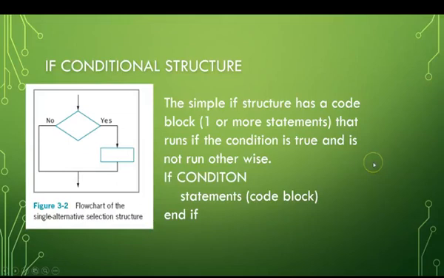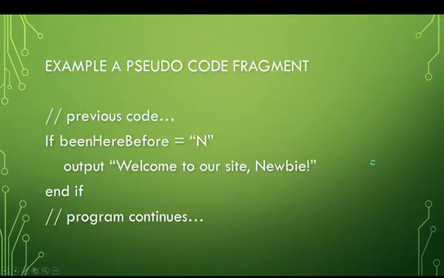Let's look at another little fragment here in pseudocode. Here again, I've got some code that happens, and then I'm running the code through top-down execution, and I get to this test. I have a variable called been here before, and I say if been here before is equal to n, which means no, they haven't been here before, then I'll output welcome to our site, newbie.